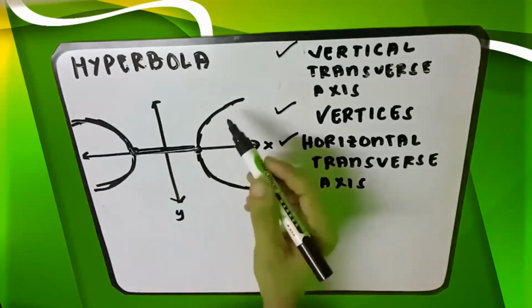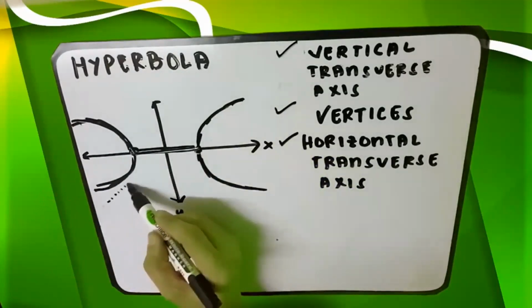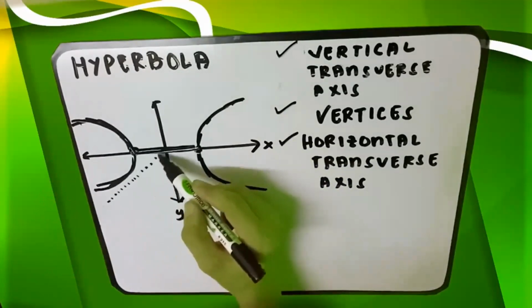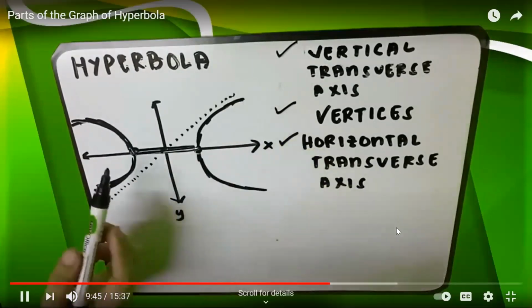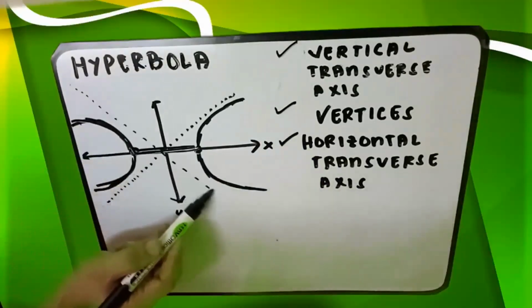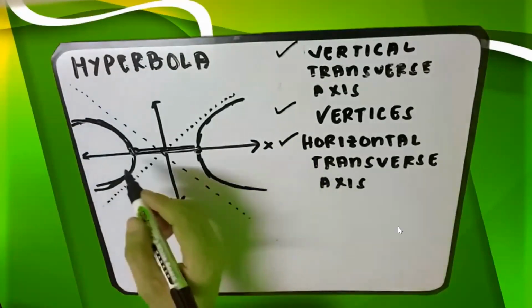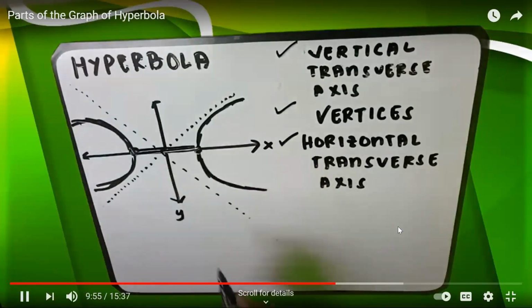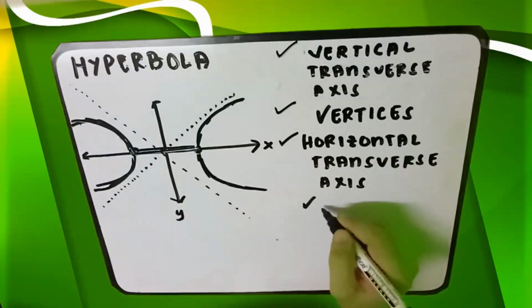So given the graph of a hyperbola, we can form a diagonal line. Pero hindi siya mag-i-intersect I think dito sa graph natin. So yung diagonal line na yan, i-discuss ko kung paano siya ma-form sa ibang video. Pero pag nakakita kayo ng diagonal line, so that is the asymptote.